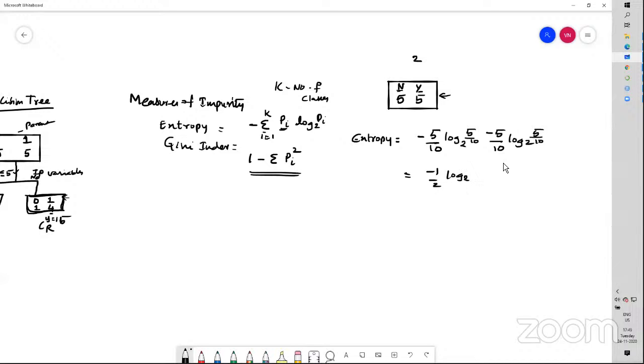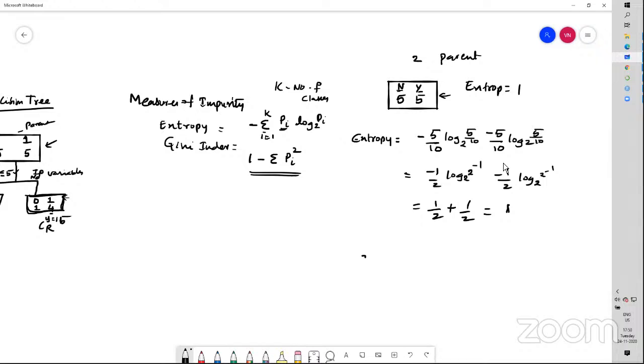I would write this as log of 2 to the power of minus 1 to the base 2. The minus 1 comes out, so this is 1 by 2 times log 2 to the base 2, which is 1. So the entropy for this node is 1. We calculated the entropy for the parent node; for the parent node, entropy is 1.